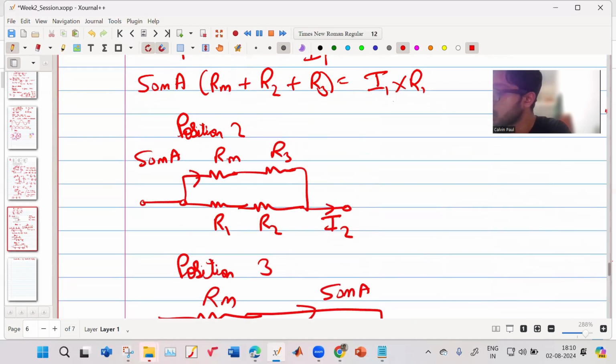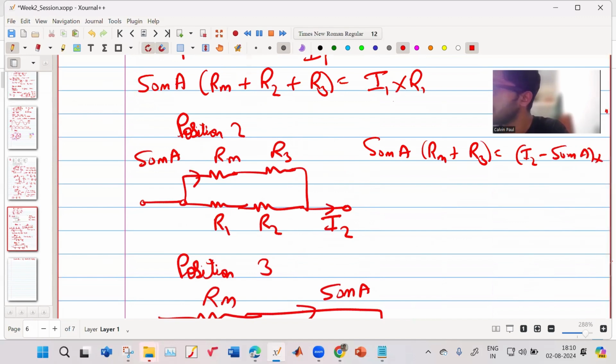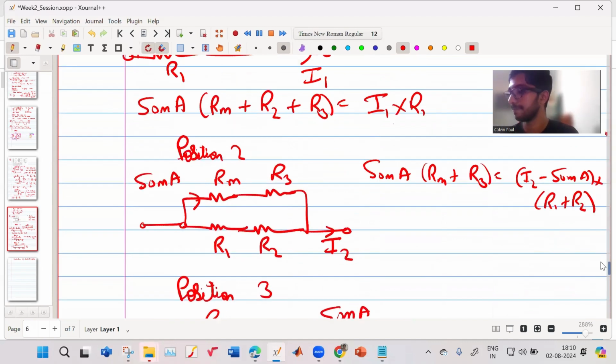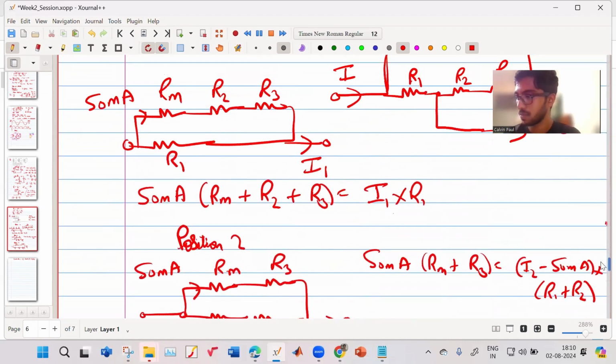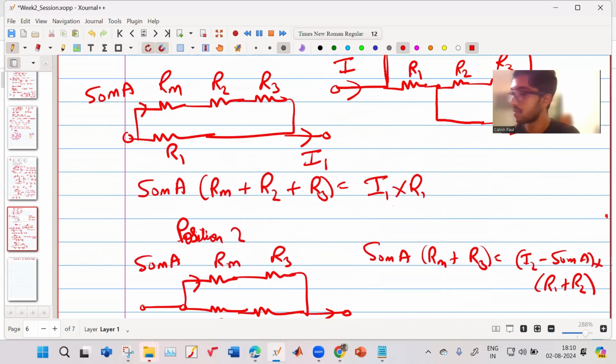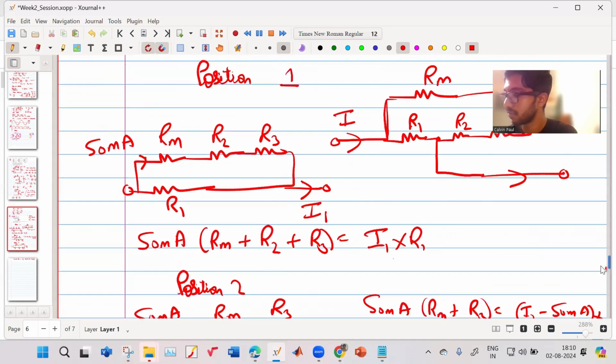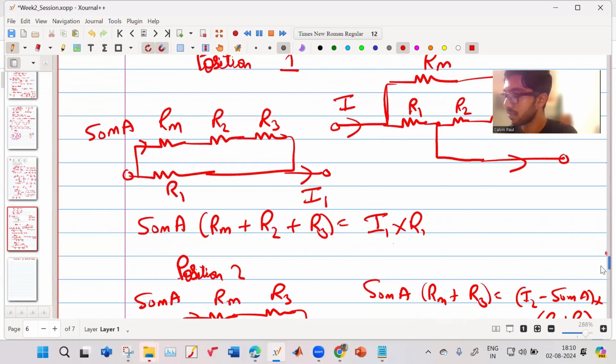For position 2, it was 50 milliampere into Rm plus R3 is equal to I2 minus 50 milliampere into R1 plus R2. And in position 1, it is given by this equation. So now we want to know which will carry maximum current.